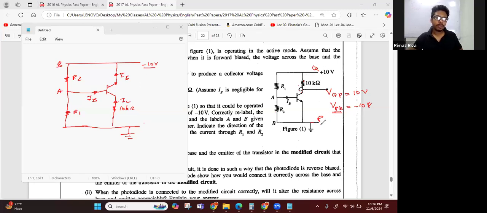So if I ground here and give minus 10 here, nothing is different, it's the same thing. Here this one is connected to the ground, so accordingly I can change.